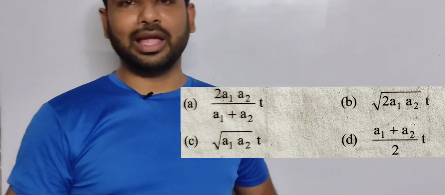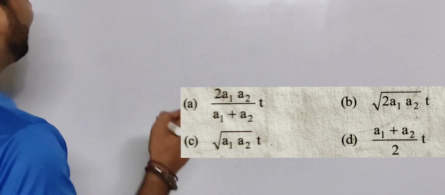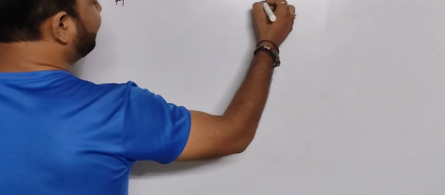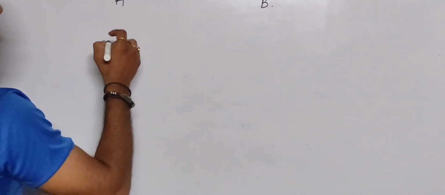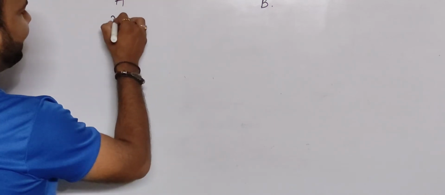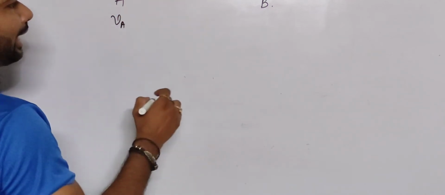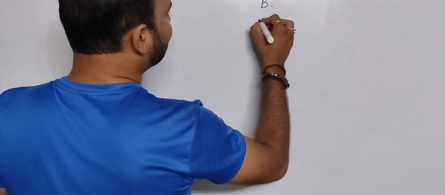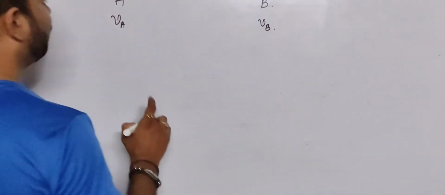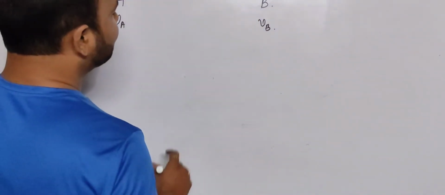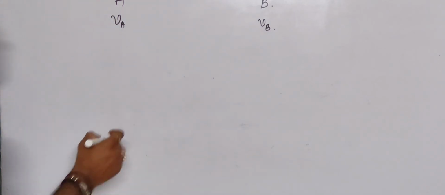In this question we have two cars, car A and car B. Velocity of car A is VA, and velocity of car B is VB. We know that the difference between the velocities is v.